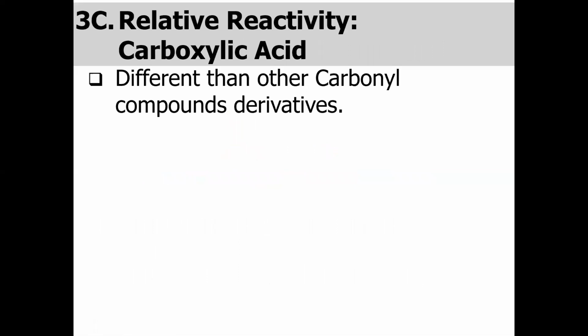Okay. Now let us see the relative reactivity of the carboxylic acid. Keep in mind, carboxylic acid is different from the other carbonyl compound derivatives. What makes carboxylic acid different? Its structure. In carboxylic acid, we have this acidic proton. Now, when any nucleophile reacts with the carboxylic acid, instead of attacking this carbonyl carbon, it will attack this proton, and we basically have an acid-base reaction.